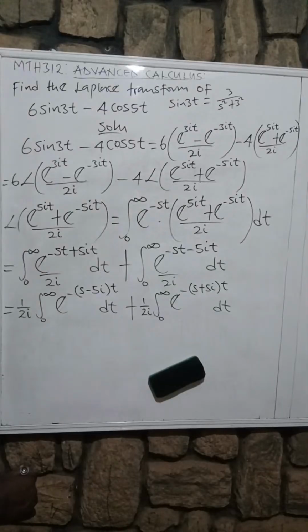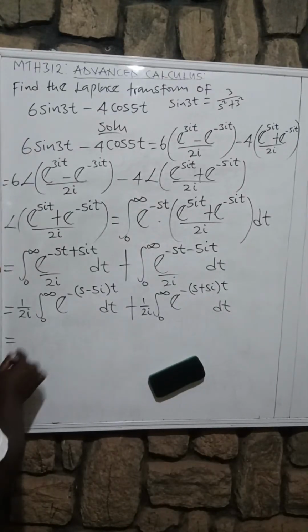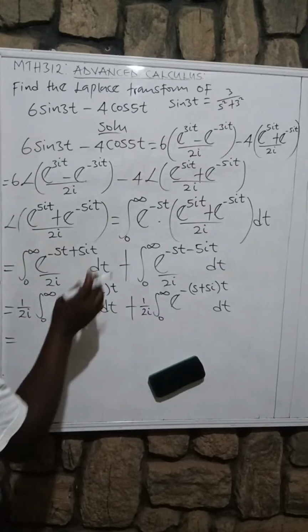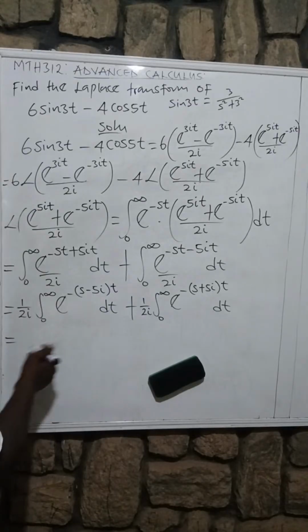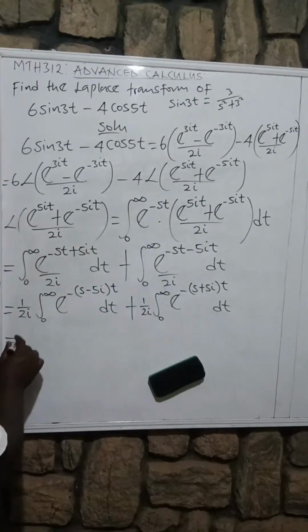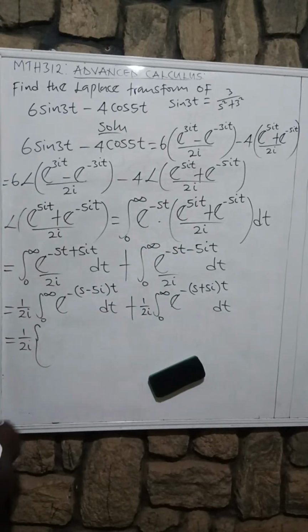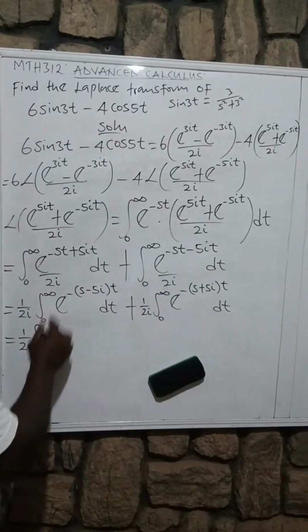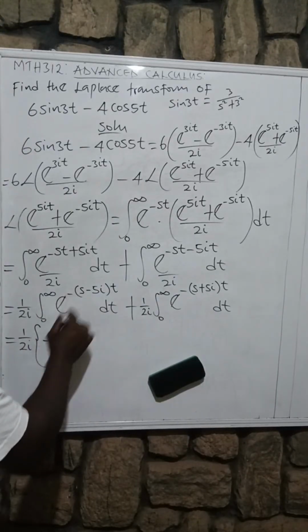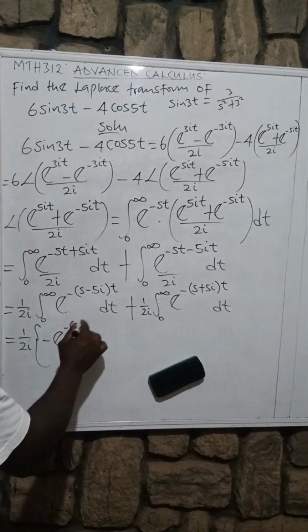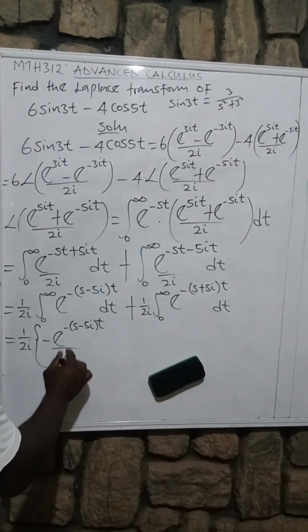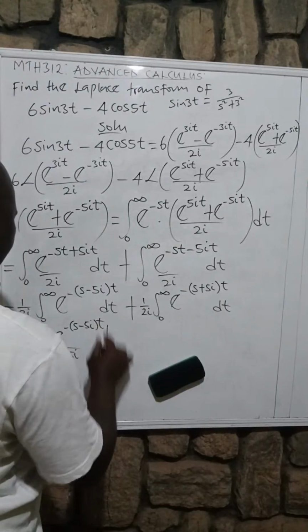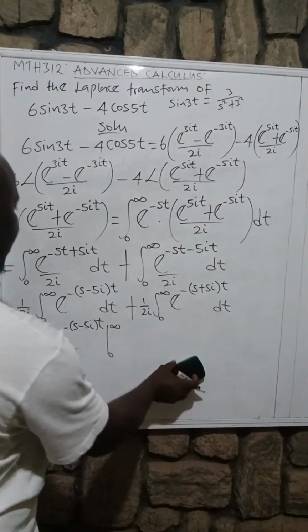So this will be equal to, since 1 all over 2i is common, we can factor it out. 1 all over 2i, let us give it a big bracket. So here will be minus exponential, when we integrate this, minus open bracket s minus 5i, t all over s minus 5i, at 0 to infinity.